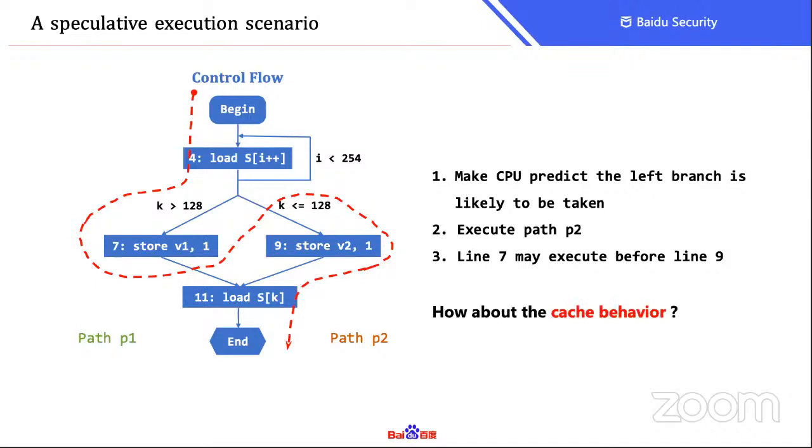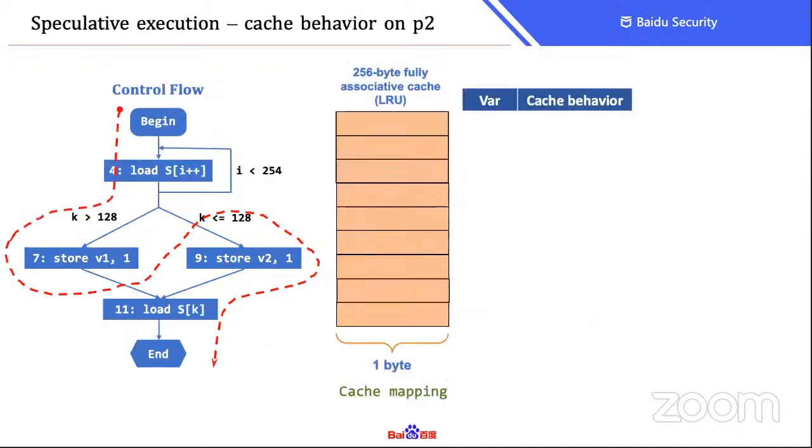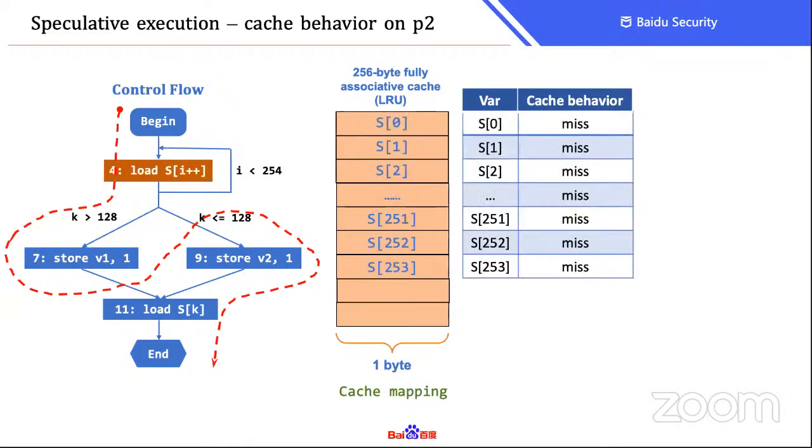So if such speculation happens, how about the cache behavior? Again, the while loop will map array S into cache. Next, we speculatively execute line 7, which maps V1 to the cache. Then we go to the else branch, which uses k and stores V2.